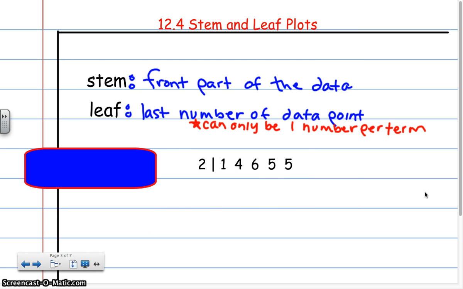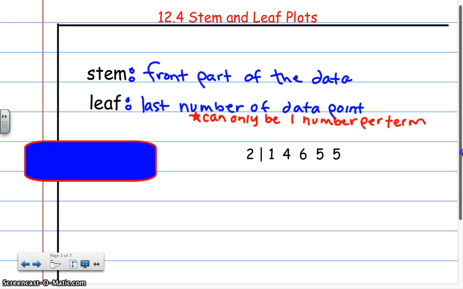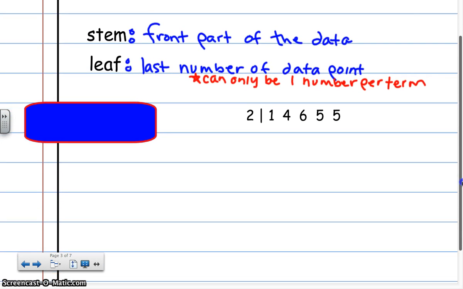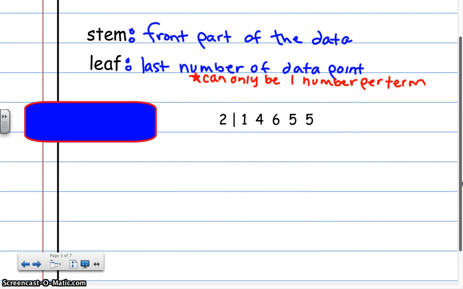Looking at this is a representation of a collection of data in a stem and leaf plot. This is our stem, it's where we start, and all of these, the whole collection of them, are our leaves. Okay?